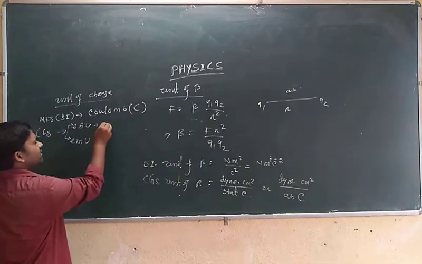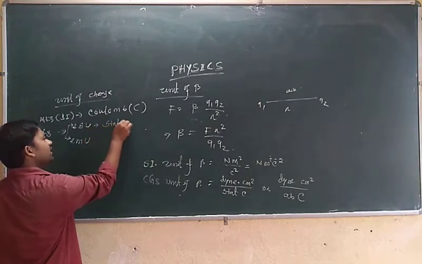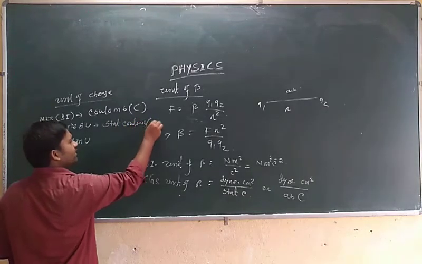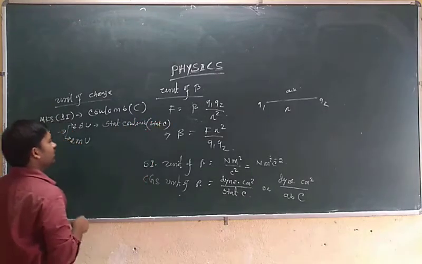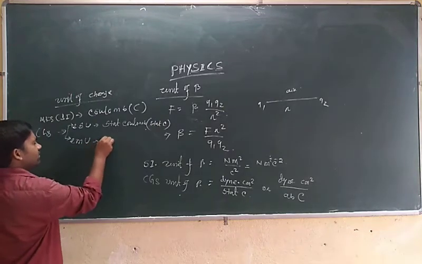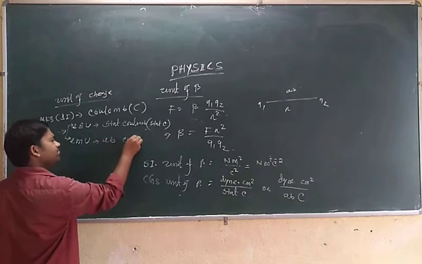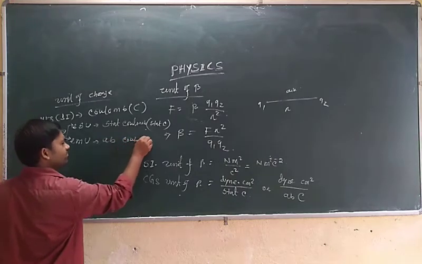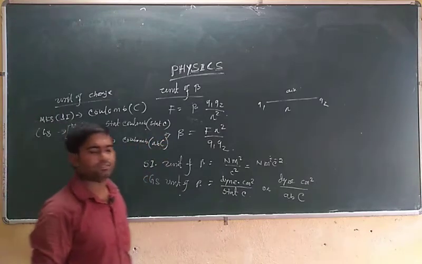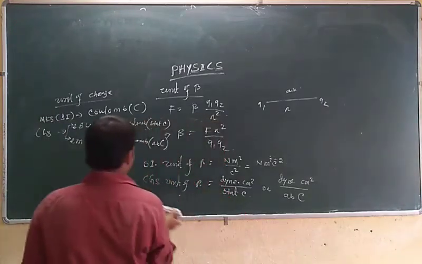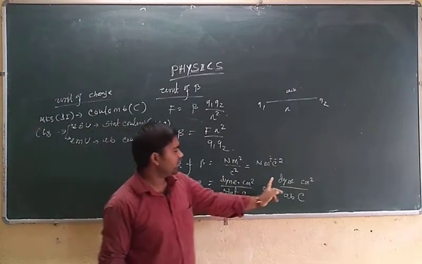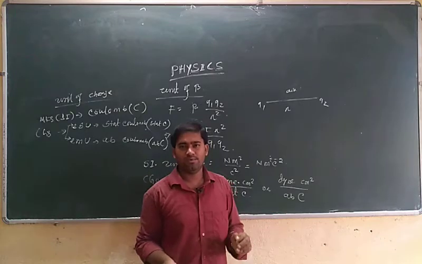In the electrostatic unit, it is written as stat coulomb, or stat C, and in the electromagnetic unit, or EMU, it will be ab coulomb, or ab C. Understand? So the unit of beta in the CGS system will be dyne centimeter square by stat coulomb and dyne centimeter square divided by ab coulomb.